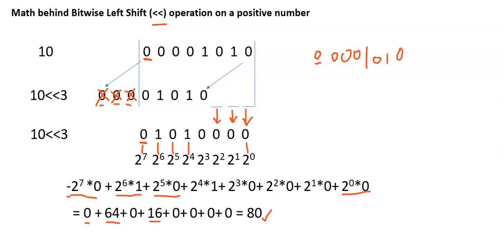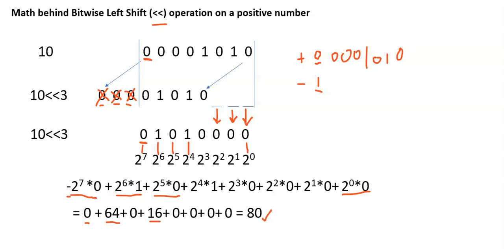Whenever we are shifting value to the left hand side, there may be a chance that in the sign value, in place of 0, we get a 1. Now what happens here? In the sign value, 0 means positive value. In the sign value, 1 means it is a negative value. That problem arises when we are shifting a value to the left hand side.